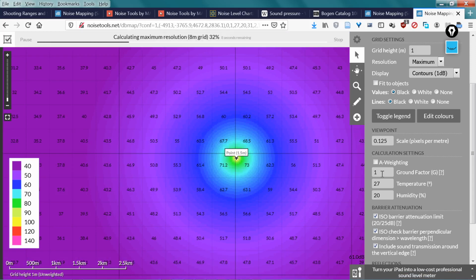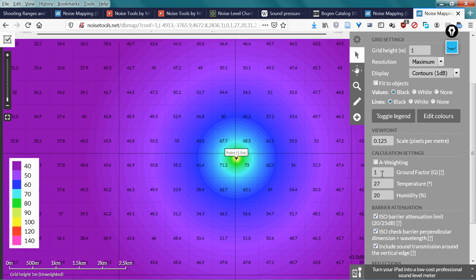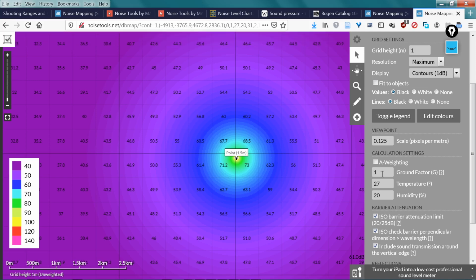So going from a very hard surface to a very soft surface has a much bigger impact than going from ground elevation to 300 feet in the air. And so this is a factor which you have to take into account when you're doing your calculations or estimations or approximations for how far these sounds travel, for what intensity.